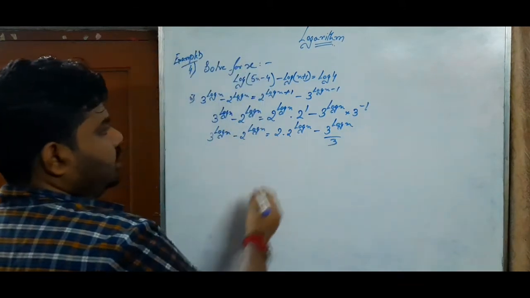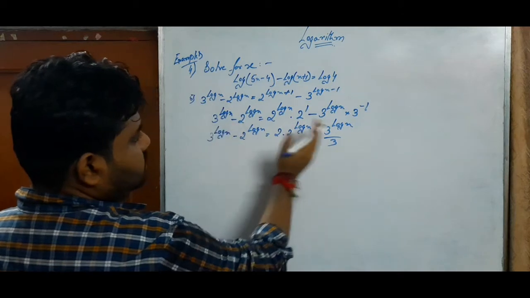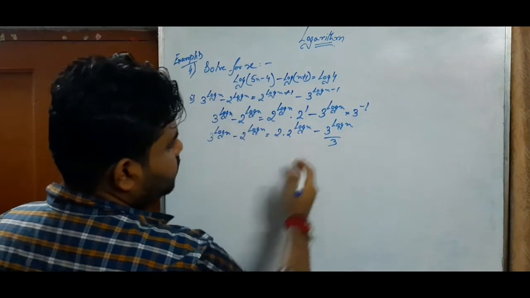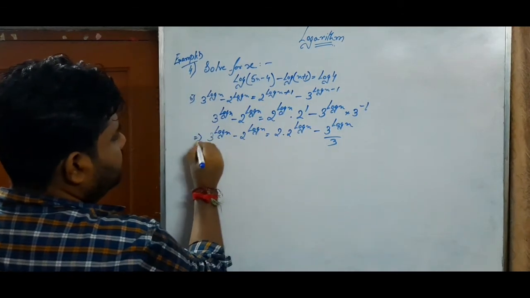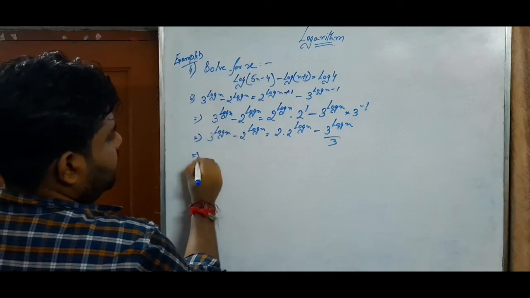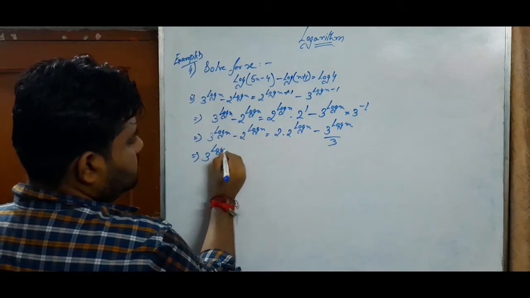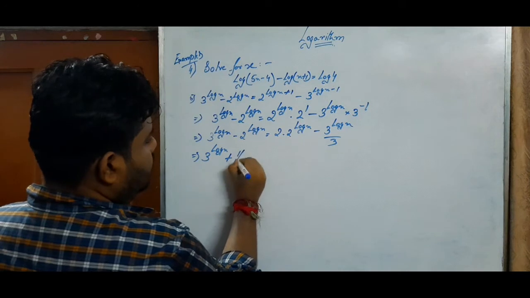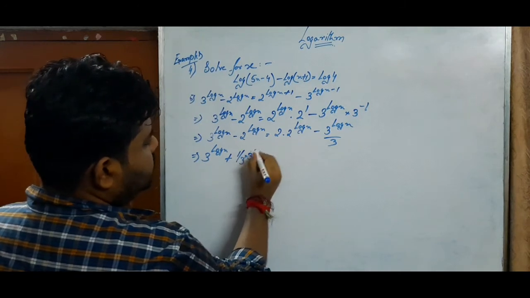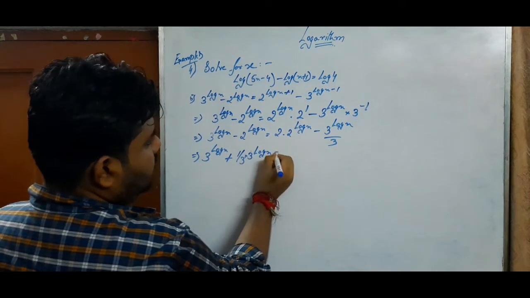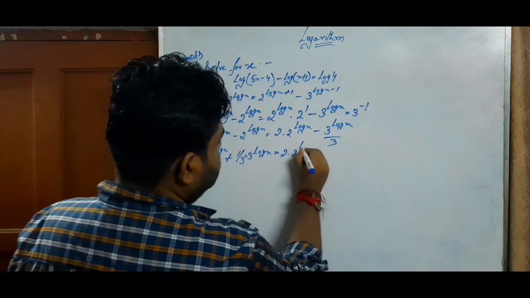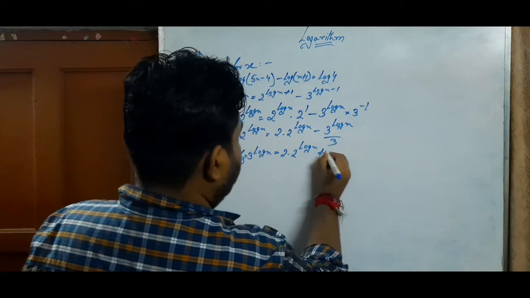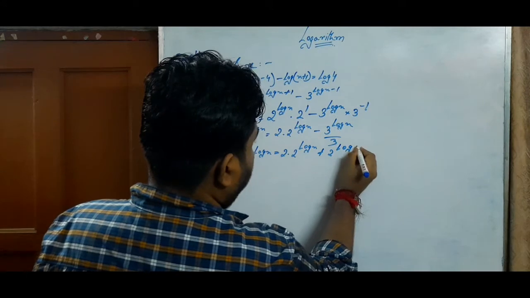Okay, so we are taking the 3 to the power log x on one side and 2 to the power log x on the other. Therefore, we can write 3 to the power log x plus 1 by 3 into 3 to the power log x equals 2 into 2 to the power log x plus 2 to the power log x.